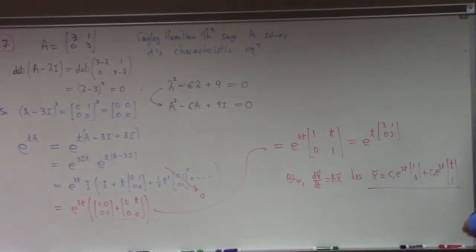That would be the general solution. The reason I know that is we have just shown that the matrix exponential is a fundamental solution matrix, which means that every column in the matrix exponential is a solution to the system. So the first column of the matrix exponential is e to the 3t times (1, 0). The second column is e to the 3t times (t, 1).